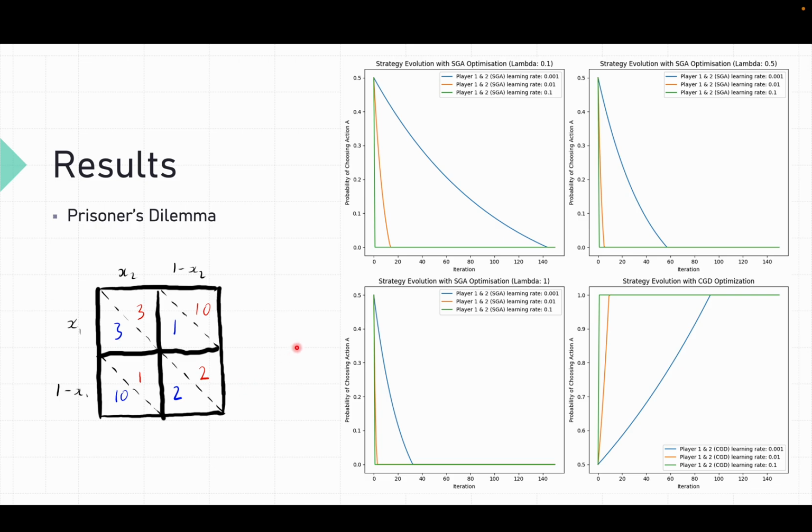And it was able to do this rather quickly compared to competitive gradient descent for a high enough lambda, when lambda was above 0.5. But competitive gradient descent was still able to reach the other Nash equilibria here in relatively fast speeds.